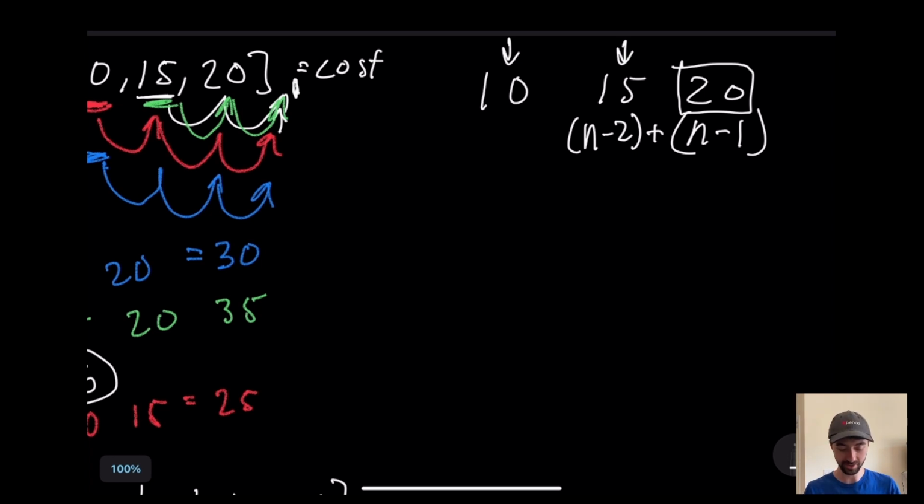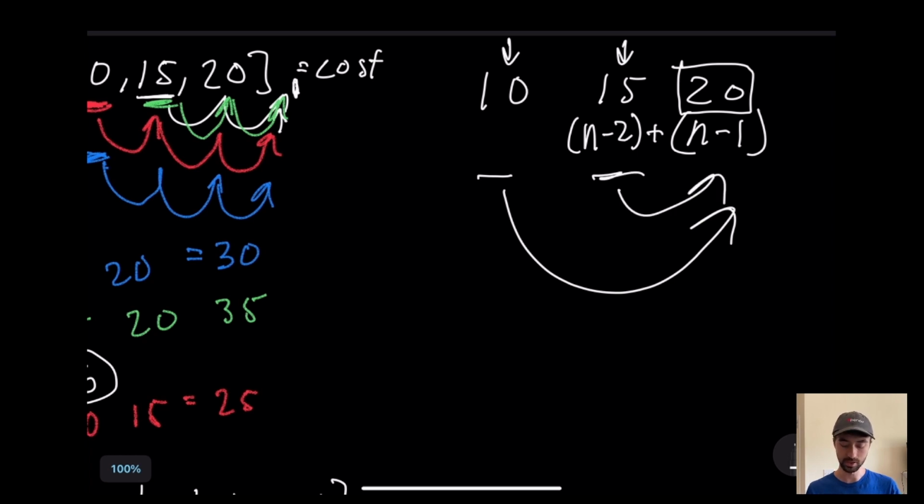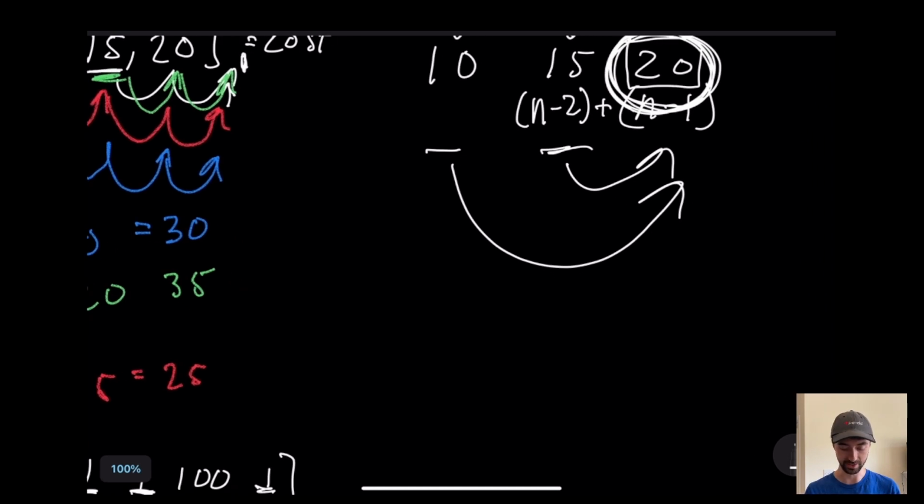Because I know that I can get from step 10 to step 20. I know I can get from step 15 to 20. So the minimum cost to get to 20 is always going to be the smaller of the two values of the two steps that precede it. And this holds true for any single step in the staircase.